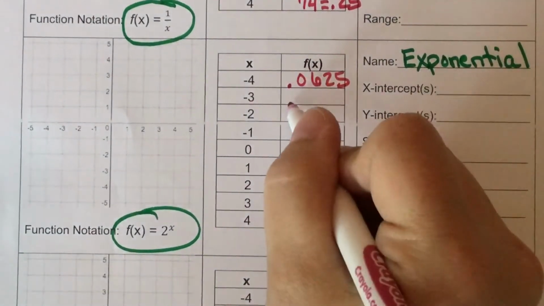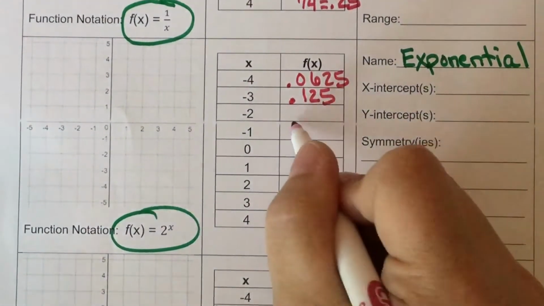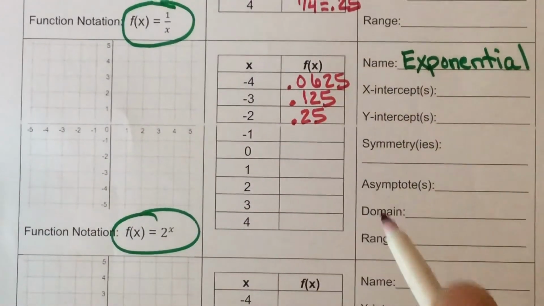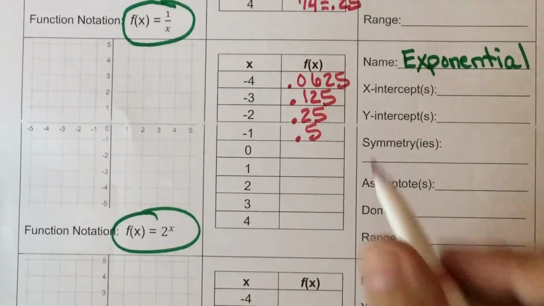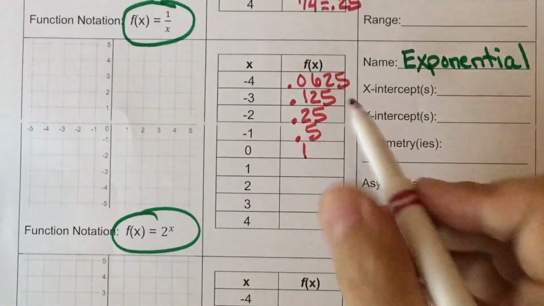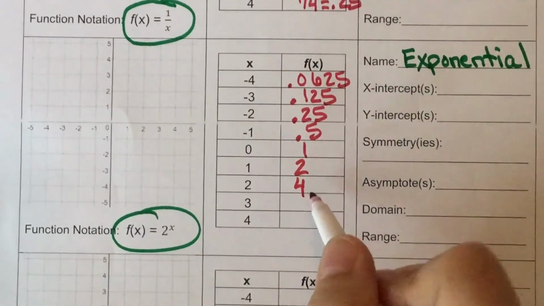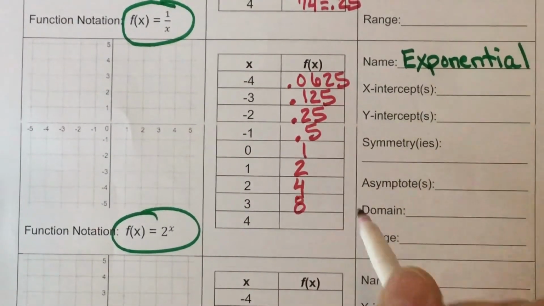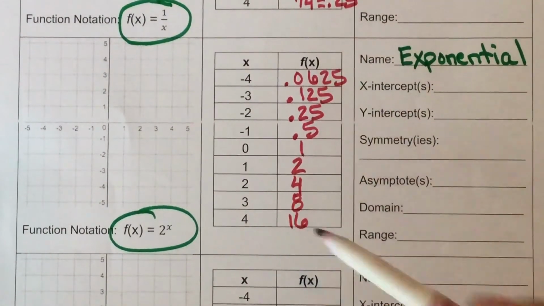Negative 3, I see 0.125. Negative 2, I see 0.25. Negative 1, I see 0.5. 0 is 1. 1 is 2. 2 is 4. 3 is 8. And 4 is 16.